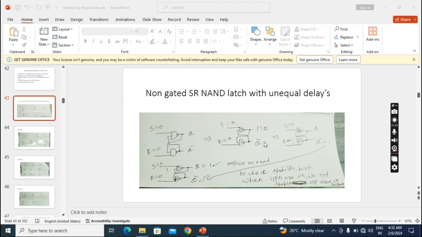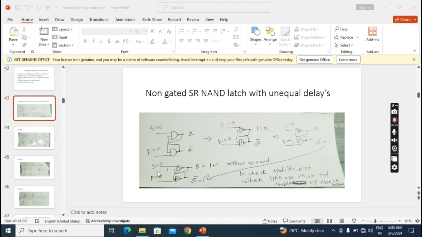So this is the difference with unequal delays. You have to get the output of the faster gate first, then feed back that output to the other gate's input. Suppose the below gate is faster, first I have to predict Q bar, then feed back this Q bar to the above gate. Finally with 0 0, I will get Q and Q bar as 1 1 only, even though I feed back many times.